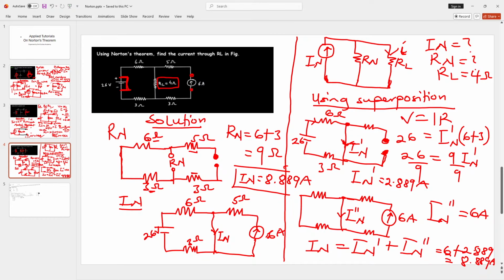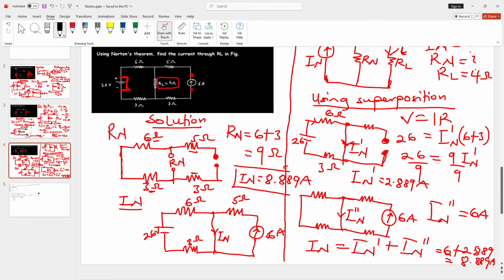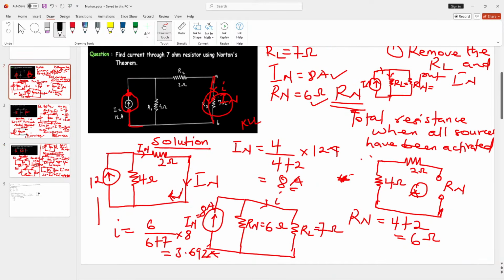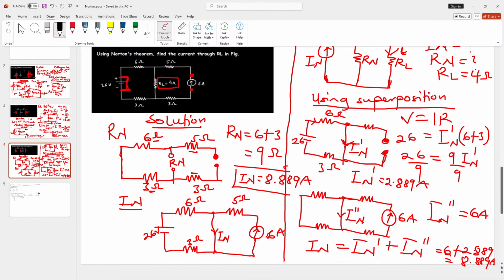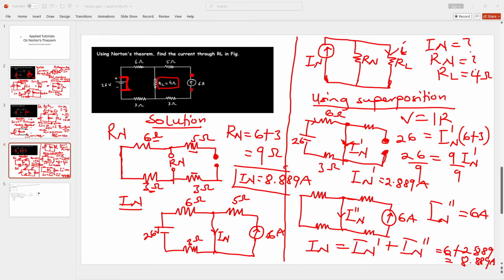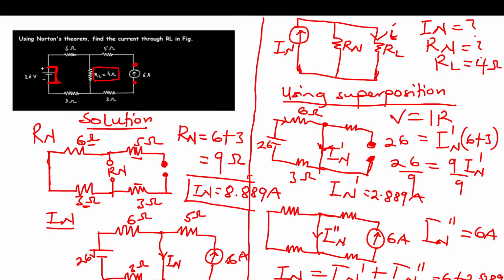Let's go back to this circuit. Now we have In here to be, what's the value of In? 8.889. What was the value for Rn? 9 ohms.